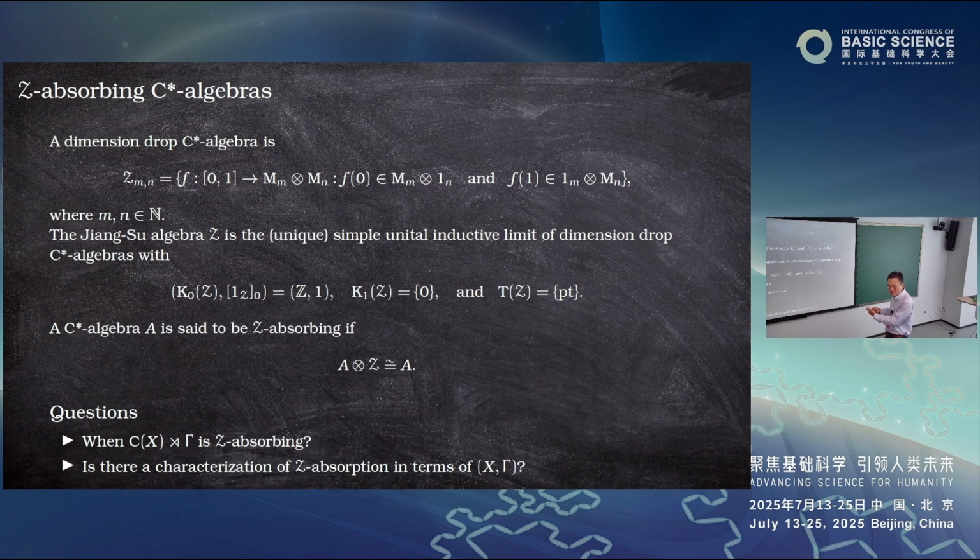So this is really a C-star algebra property, but does it correspond to, well, in this case, look at this algebra, does it correspond to some property of the dynamical system you start with?